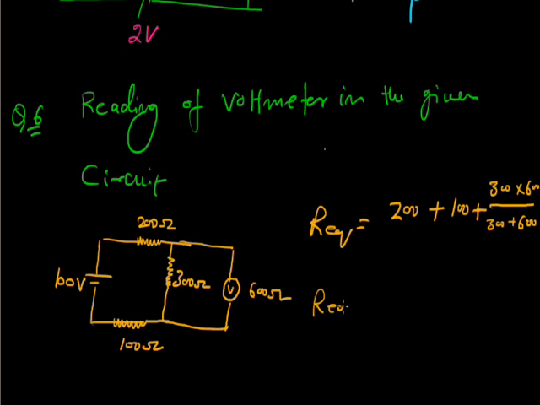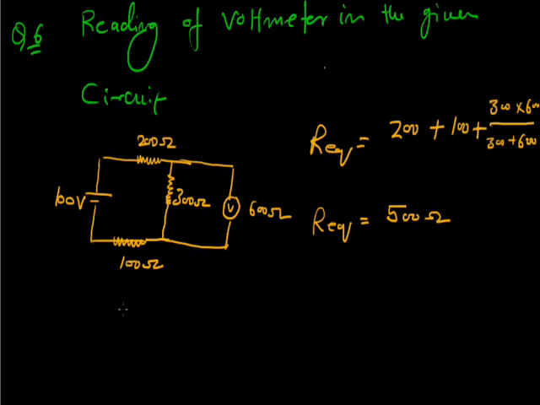So R equivalent will be equal to 500 ohm. So the total current in the circuit I is given by V upon R. So 100 upon 500, that will be equal to 1.5 ampere.